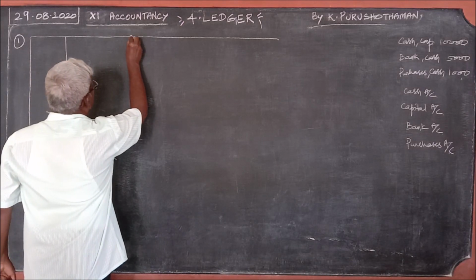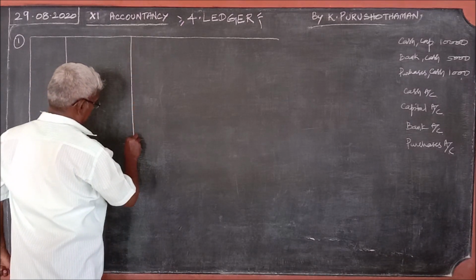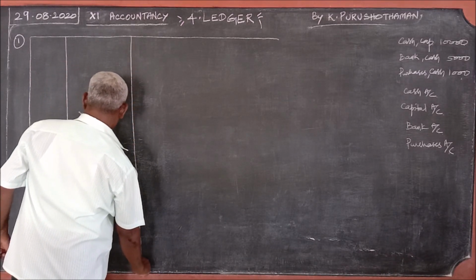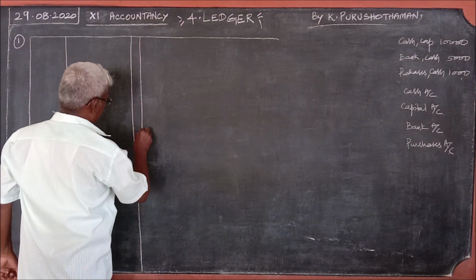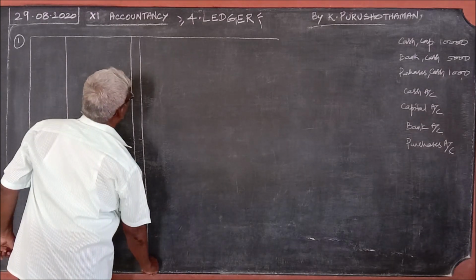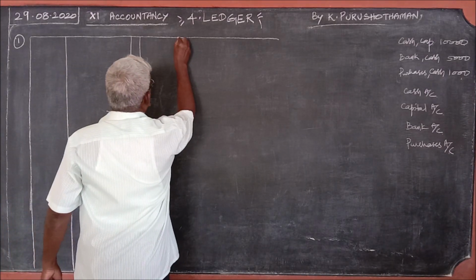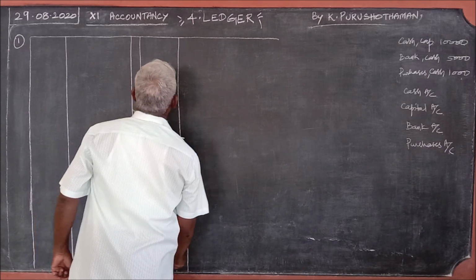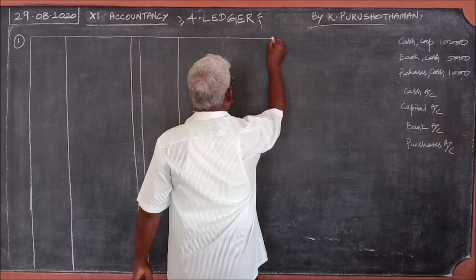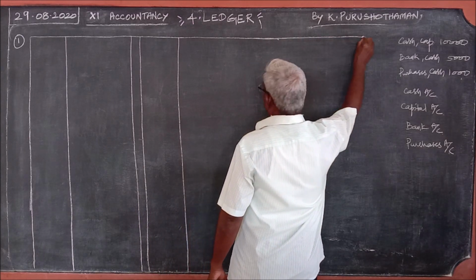Date, particulars, journal folio, amount. The same thing on the right hand side also.